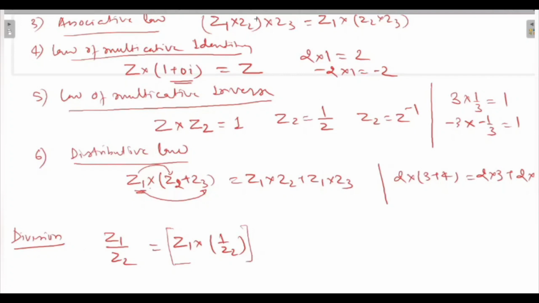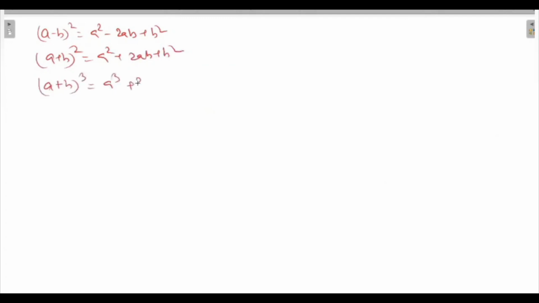Now there are some identities, or you just have to know that the formulas we knew for real numbers will be applicable here. We know that a minus b whole square is a square minus 2ab plus b square. We also know that a plus b whole square is a square plus 2ab plus b square, and a plus b whole cube is a cube plus 3ab(a plus b) plus b cube.